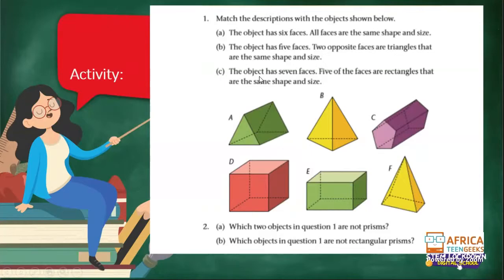So we have C, the object has 7 faces. 5 of the faces are rectangles that are the same shape and size. Are we still not able to use the chat box? Because I would like us to interact and answer these questions, because they are meant for us participants to be able to interact.